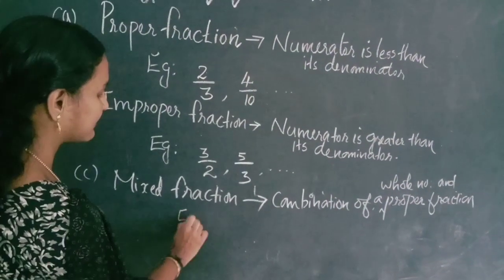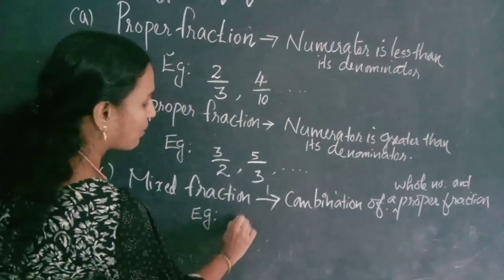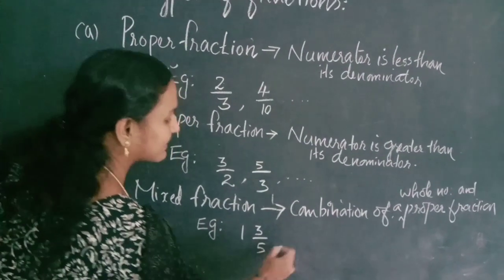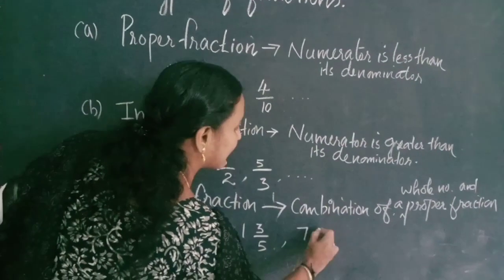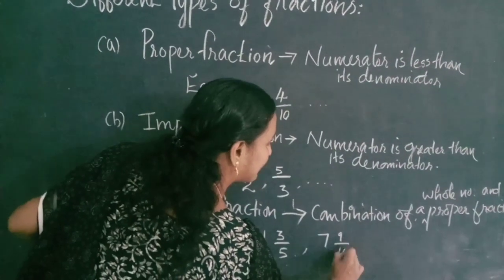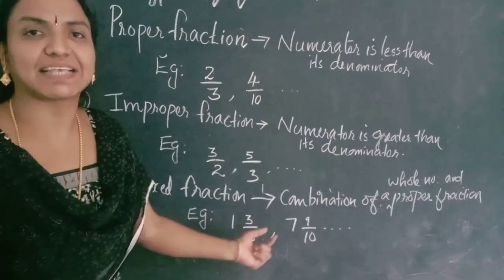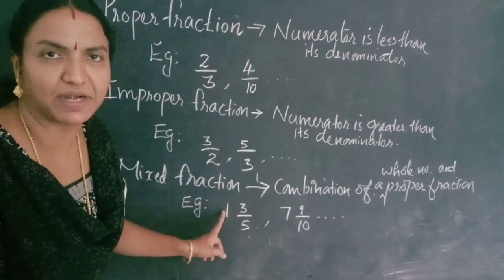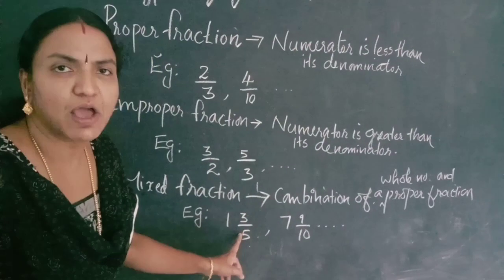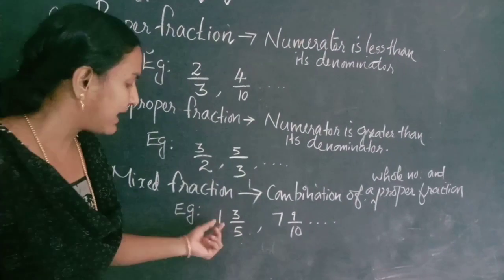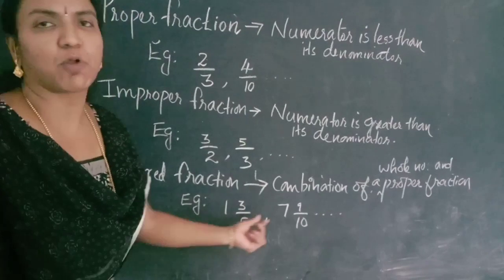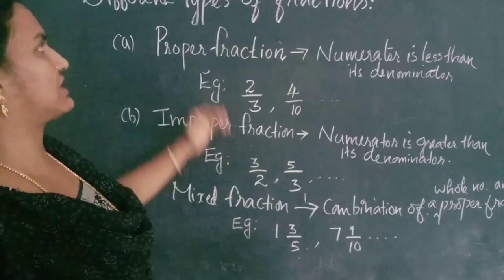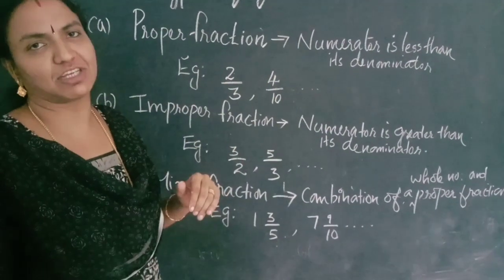For example, 1 3 by 5, then 7 9 by 10, etc. These are examples of mixed fractions. This 1 is a whole number and 3 by 5 is a proper fraction, so it is a combination of a whole number and a proper fraction. So proper fraction, improper fraction and mixed fraction are the different types of fractions.